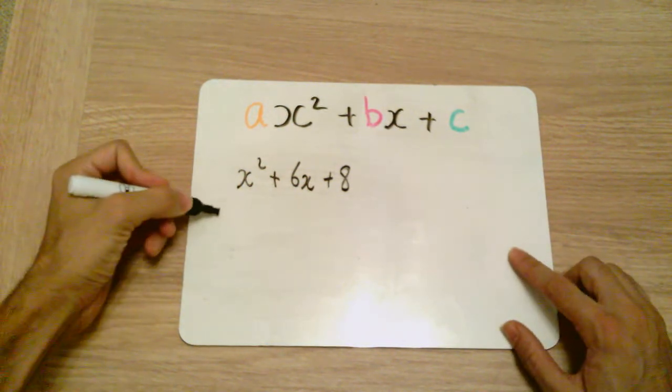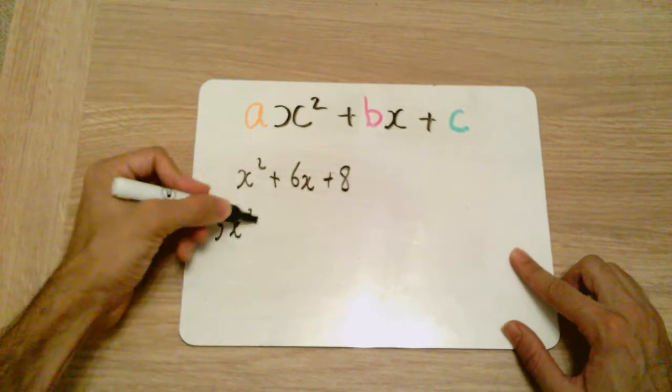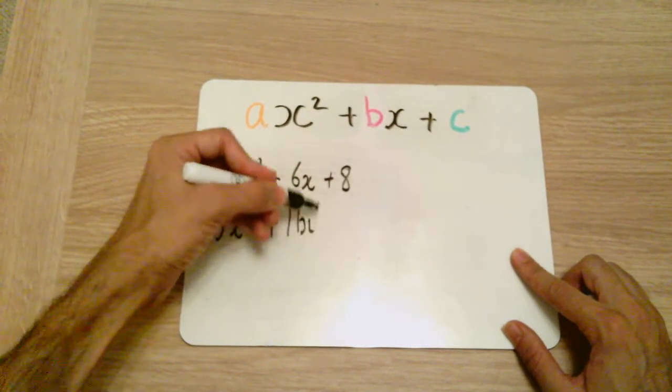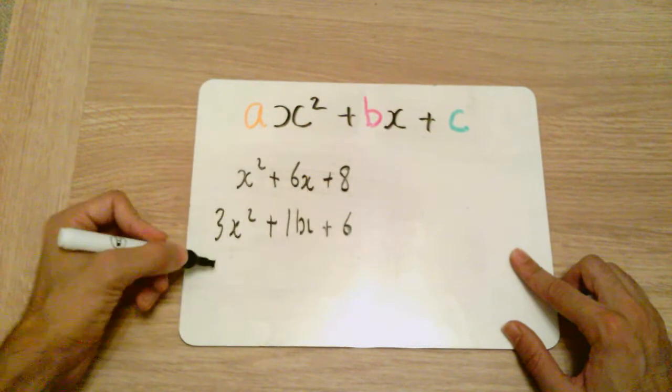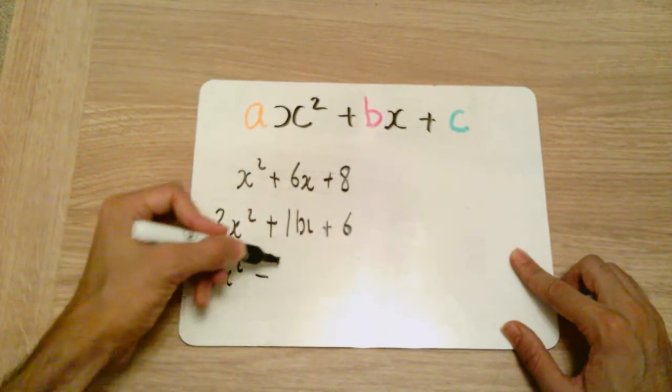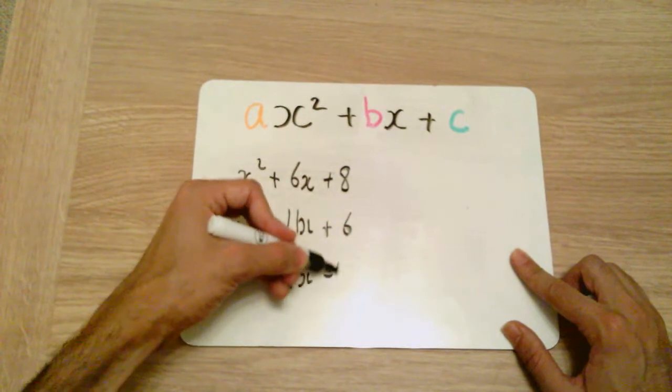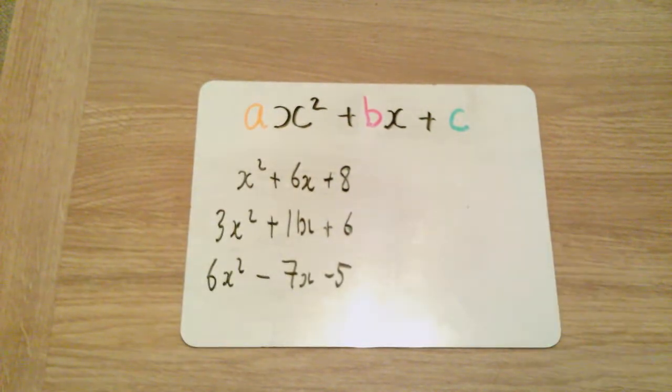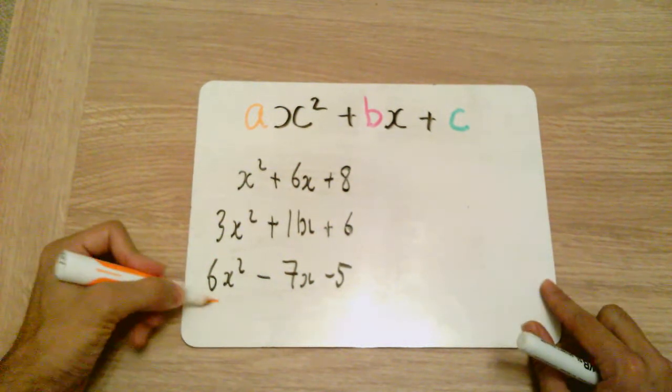So examples such as 3x squared plus 11x plus 6, and also introducing some negatives with 6x squared minus 7x minus 5. Now, if we look at the bottom two examples, it's quite clear to see that the x squared coefficient in the very last example is 6.